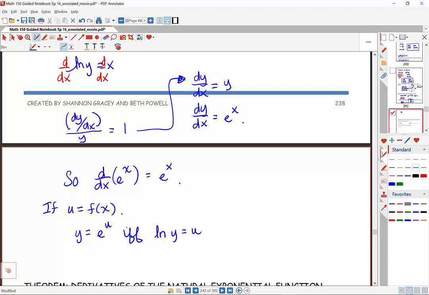So then differentiating both sides with respect to x, we'll get dy dx over y is equal to u prime.